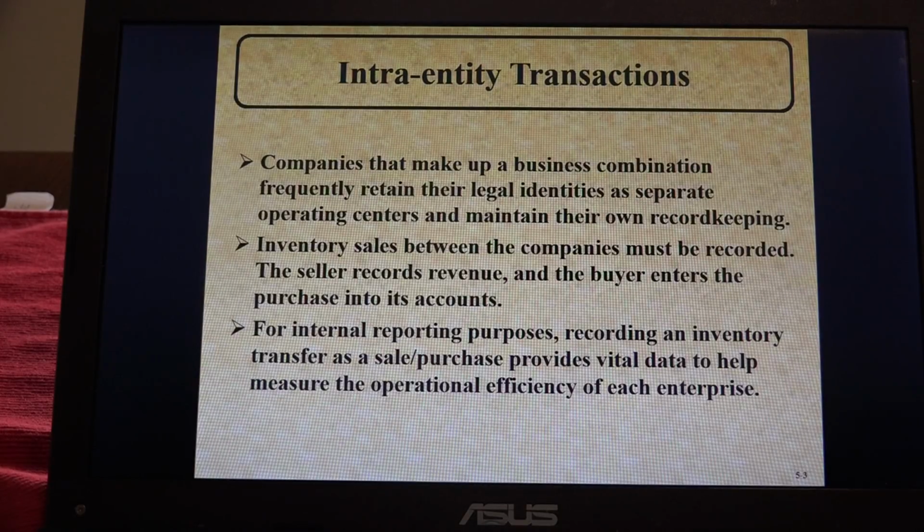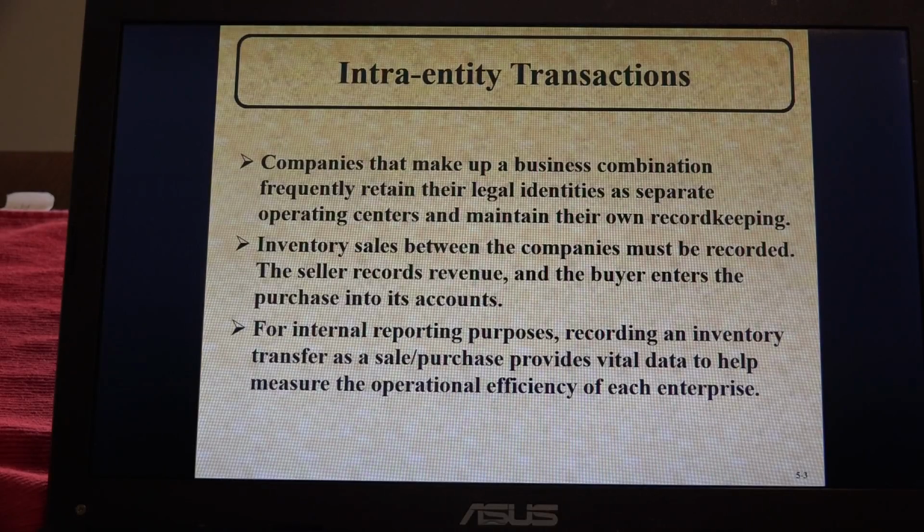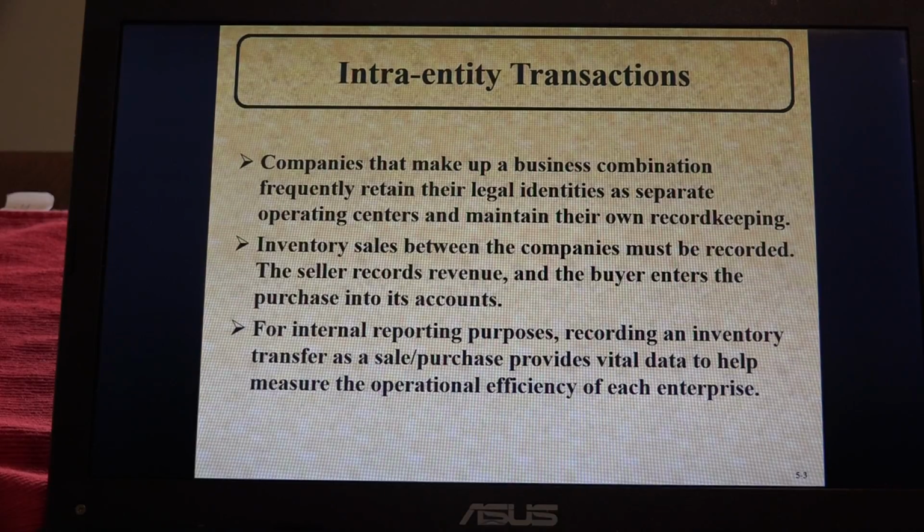And of course this upstream, going from the sub to the parent, could be downstream, coming from the parent to the sub. So either way.